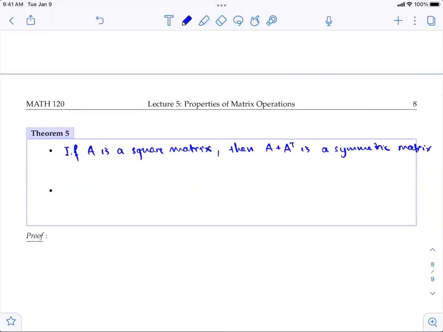We're going to prove these two statements, and we have the calculation from the previous example to show this statement. The second statement is that for any matrix A, and it's just a letter, so you can substitute it for any letter, A times A transpose and A transpose times A are symmetric matrices.